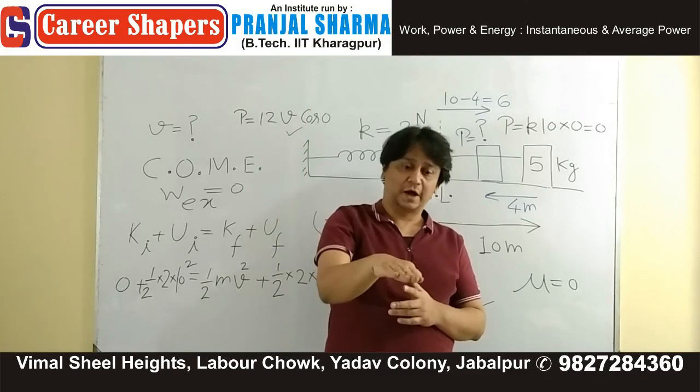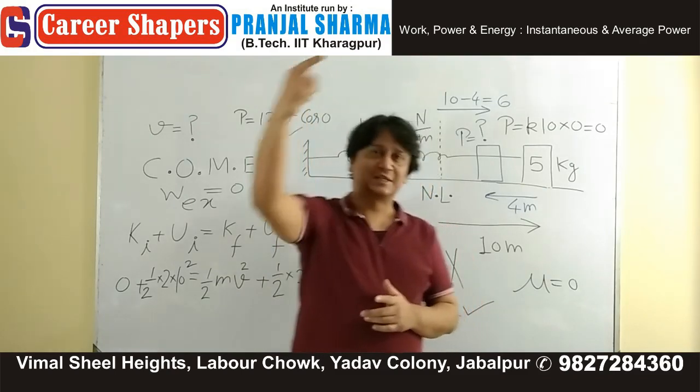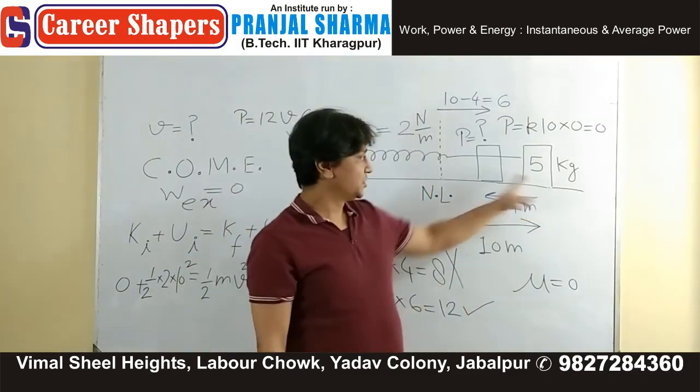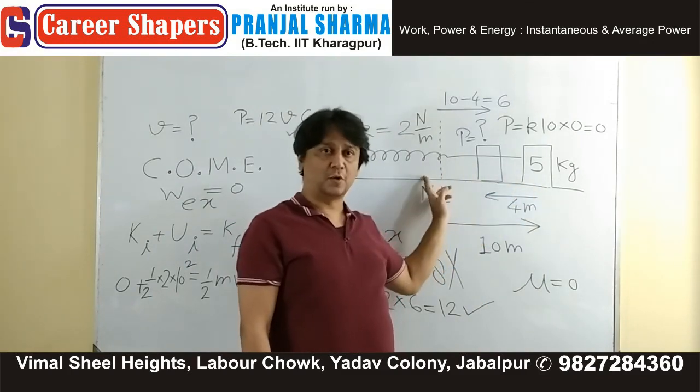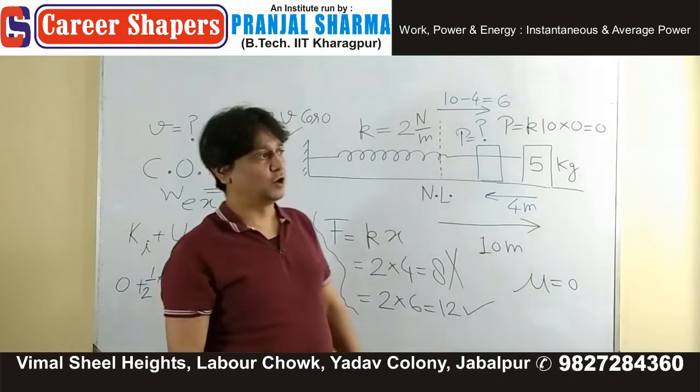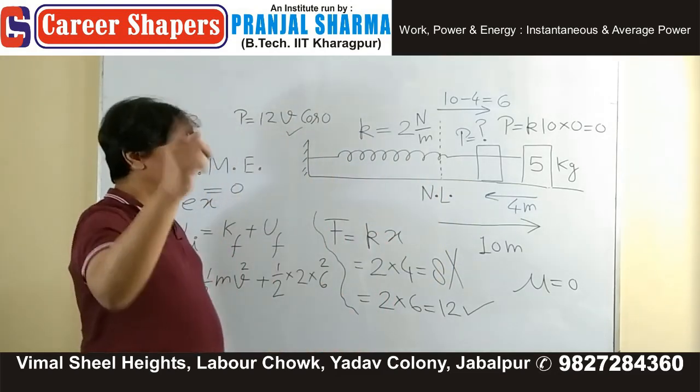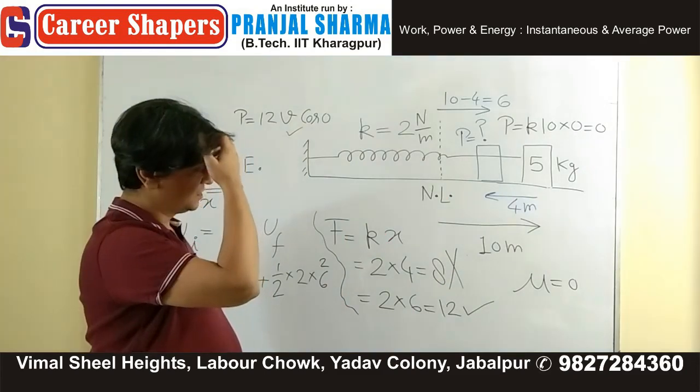0 again becoming 0. So what was the maximum value of power between these 2 points? What is the maximum value of power? Write down the question. Those who are interested should try this.